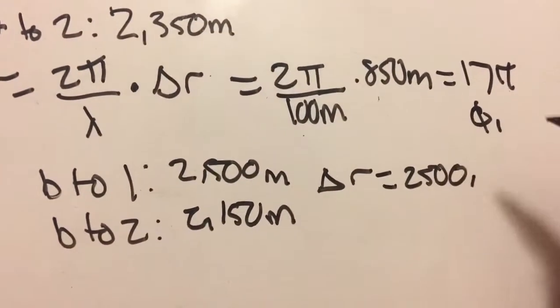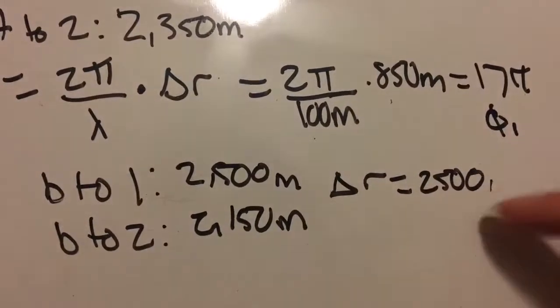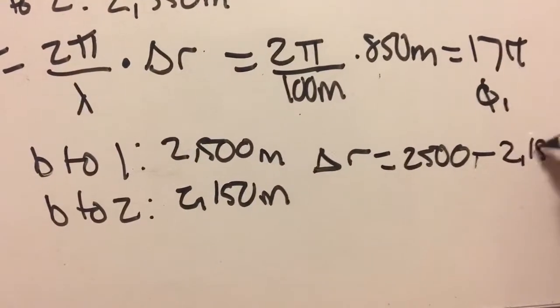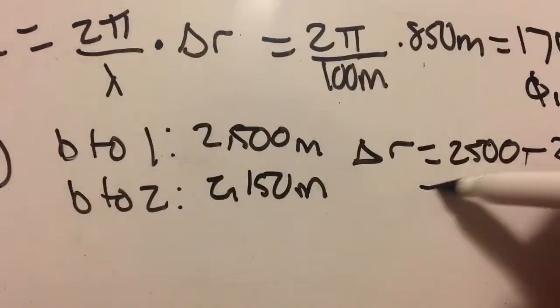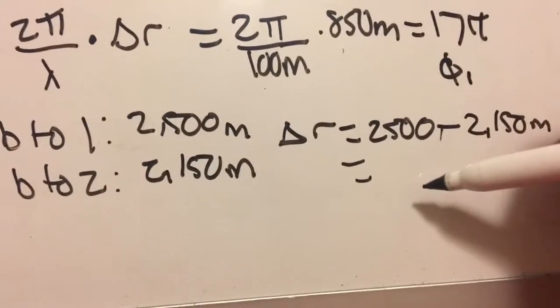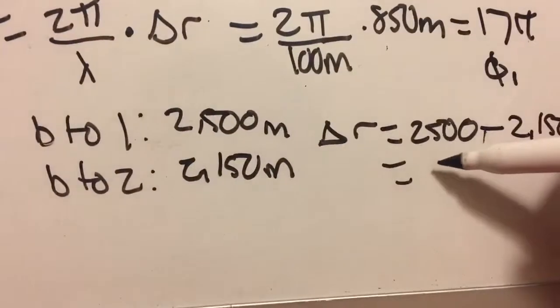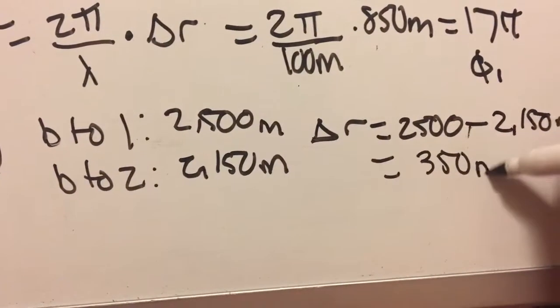2,500 meters minus 2,150 meters, and this is going to equal 350 meters.